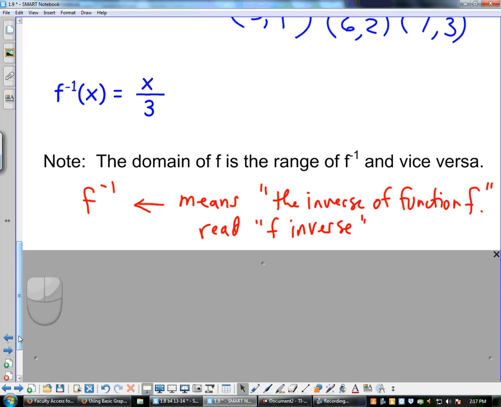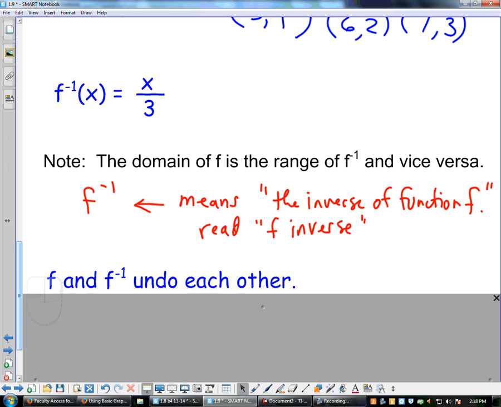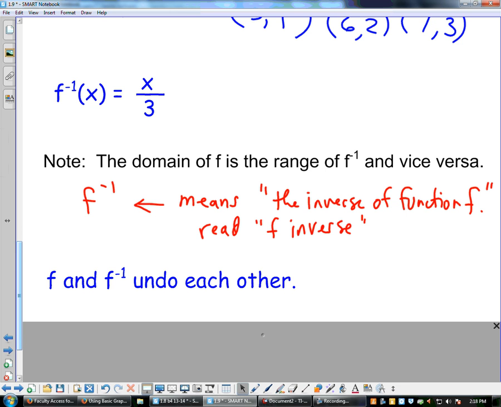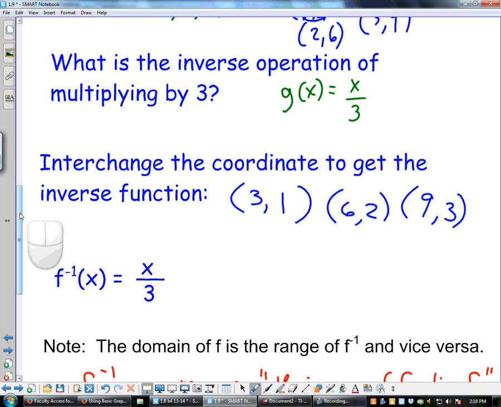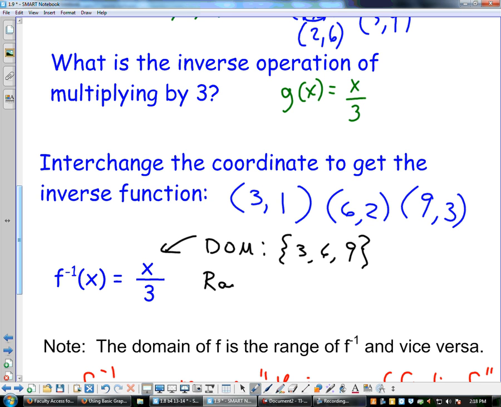Wait, I have a question. Yes. The domain of the inverse of x, 3x, would be, the domains would be 3, 6, and 9. Yeah, so let's go back up. Right here, for our inverse function, the domain is going to be, what did you say, Cole? 3, 6, 9. And what about the range? 1, 2, 3.